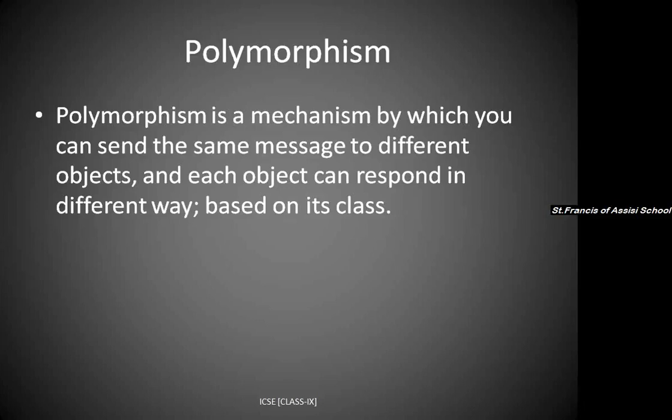If we want to understand this concept of polymorphism, take a real life example of a person. A person changes his behavior according to the situation. Like when he gets bored, his feelings are different. When he is happy, again his feelings or his behavior is completely different.